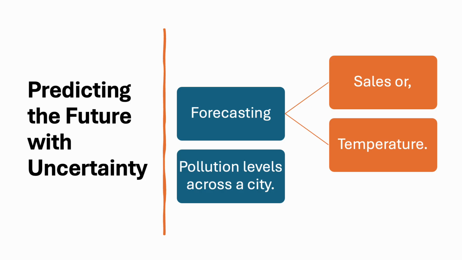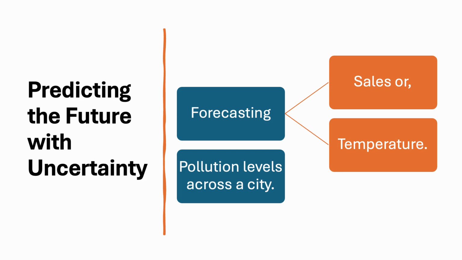Predicting the future with uncertainty. Forecasting sales, temperature, or pollution levels across a city. This we can deep dive into a little bit more to understand. Predicting the future is inherently challenging because of the uncertainty that surrounds real-world events.